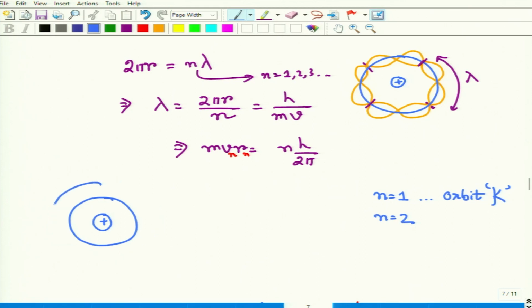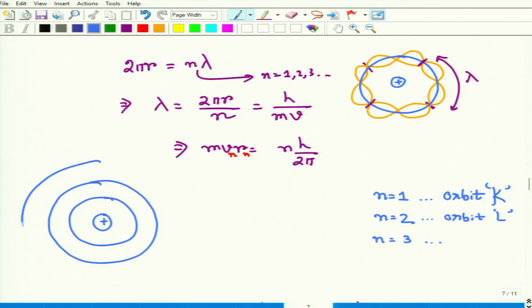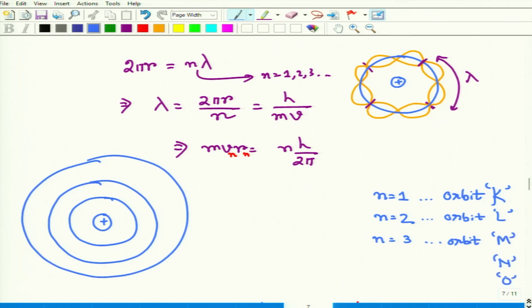Due to human error it can look like elliptical. This is called orbit L. Then n is equal to 3. This is called orbit M. So it's N, O, and so on.